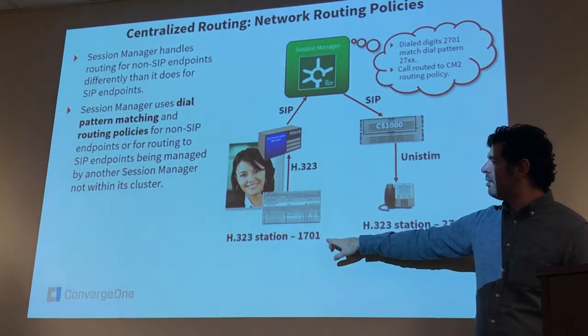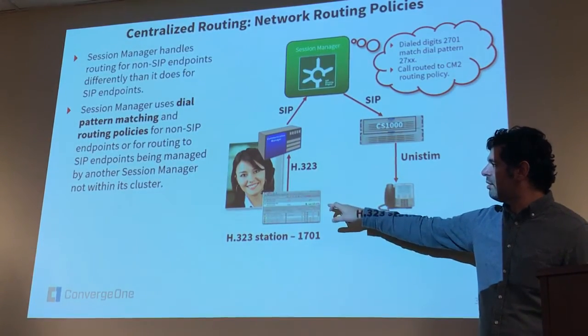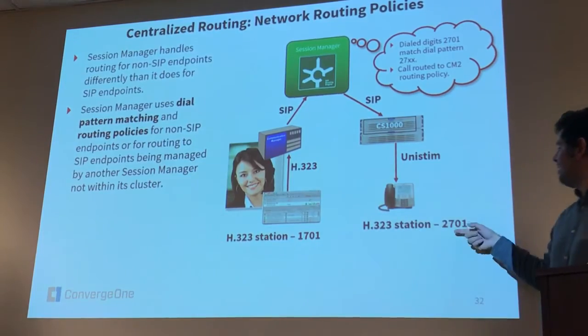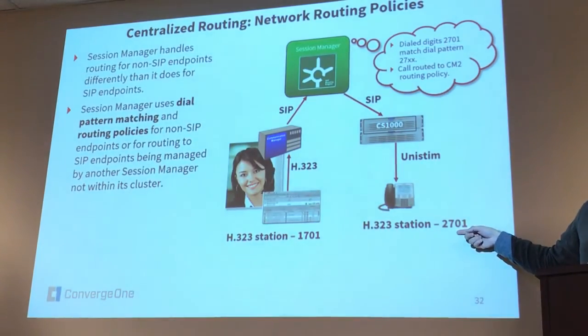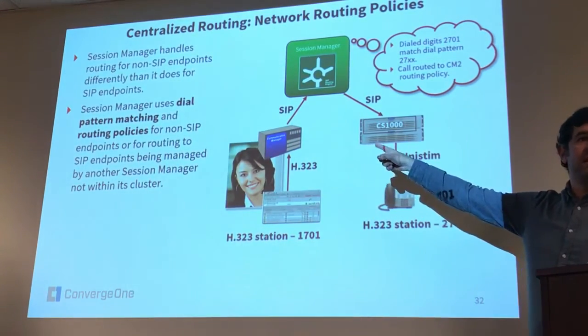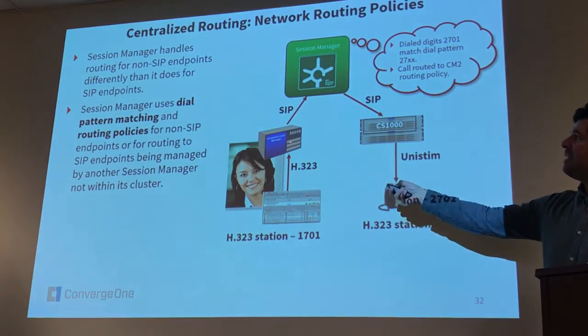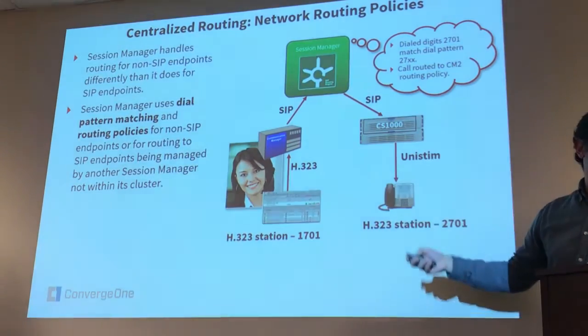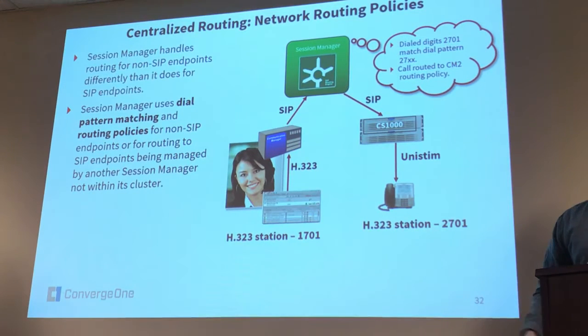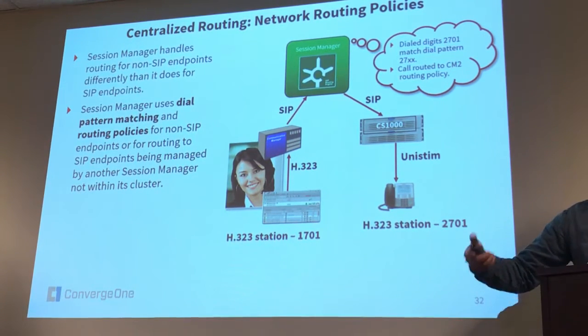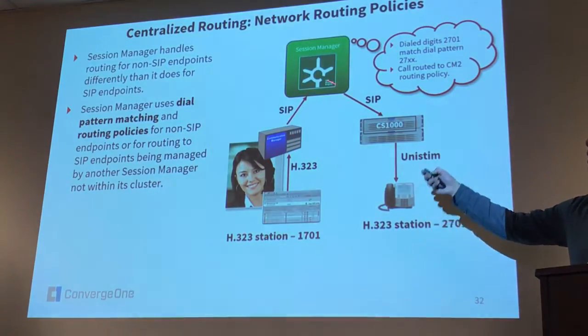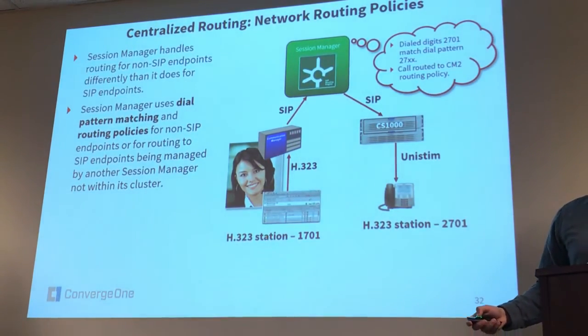So this guy dials 2701. That goes to his CM. His CM routes that call to session manager by using some routing method in CM that could be ARS, AAR. We don't care about that right now. We care about how session manager routes that call.